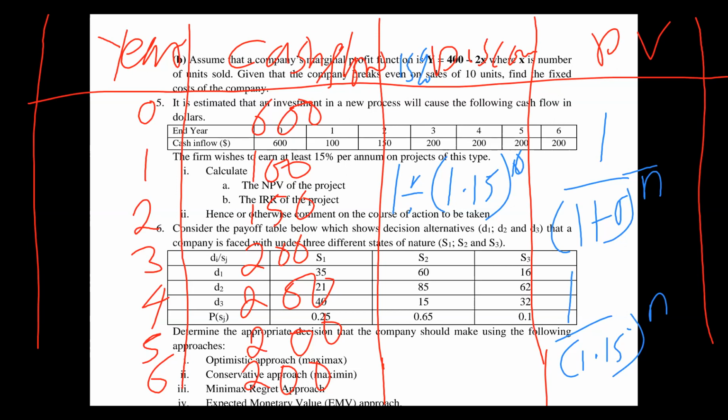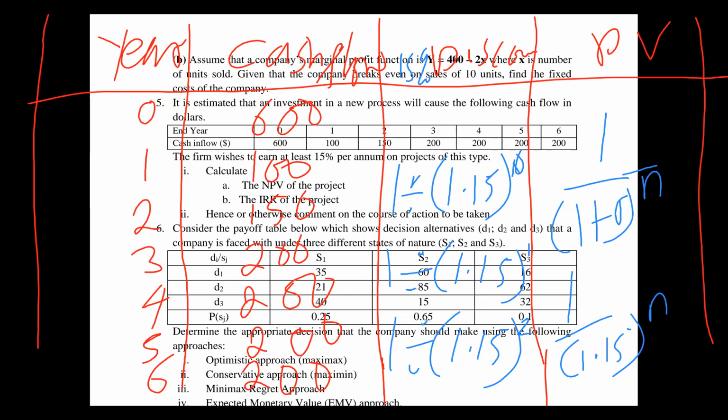You say 1 divided by, open bracket, 1.15, to the power 1. Then someone can do 1 divided by 1.15 to the power 2, just like that, up to 6. The n is the number of years. Start from 0 here, because we are starting from year 0.